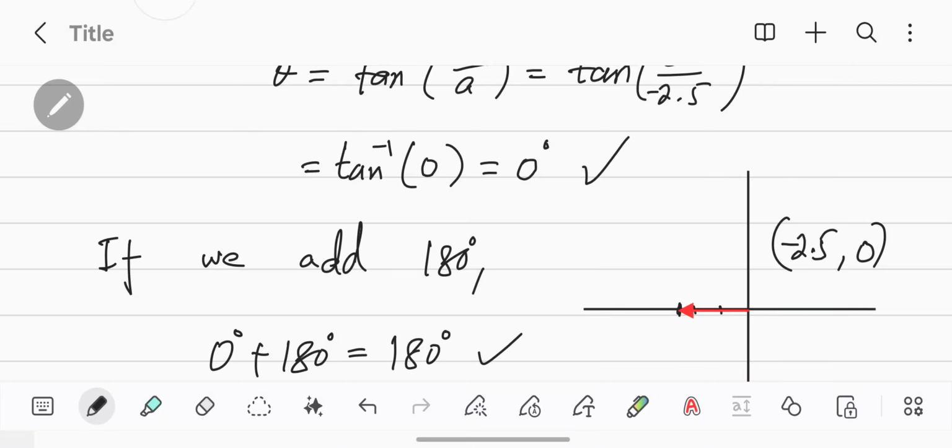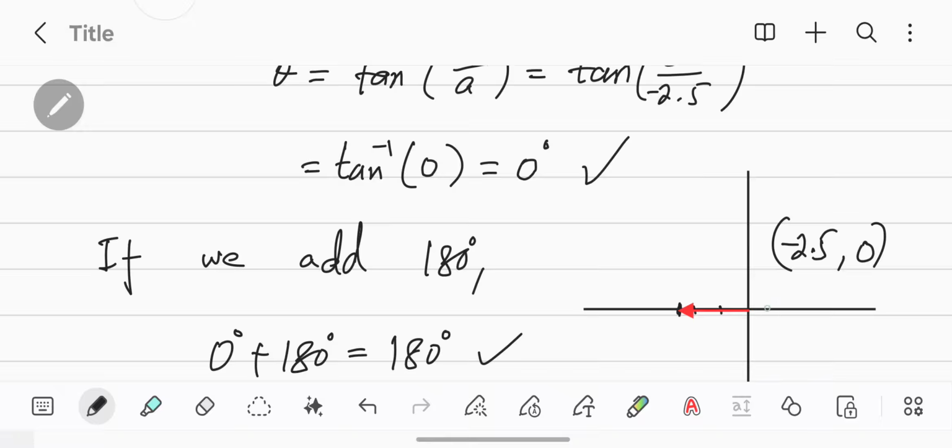Now we measure our angle from the positive x-axis. If I go up, I cover a positive angle. If I go down, I am covering a negative angle. If I stay here, I cover 0 degrees, but then I cannot find my point because I am on the positive side.